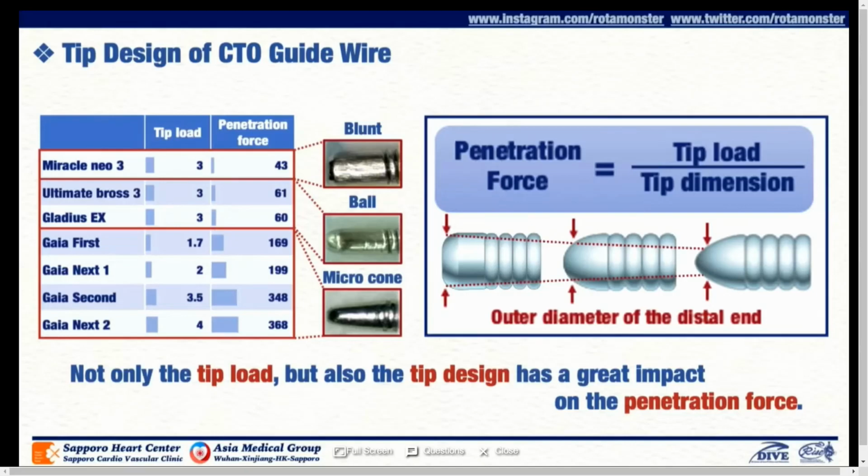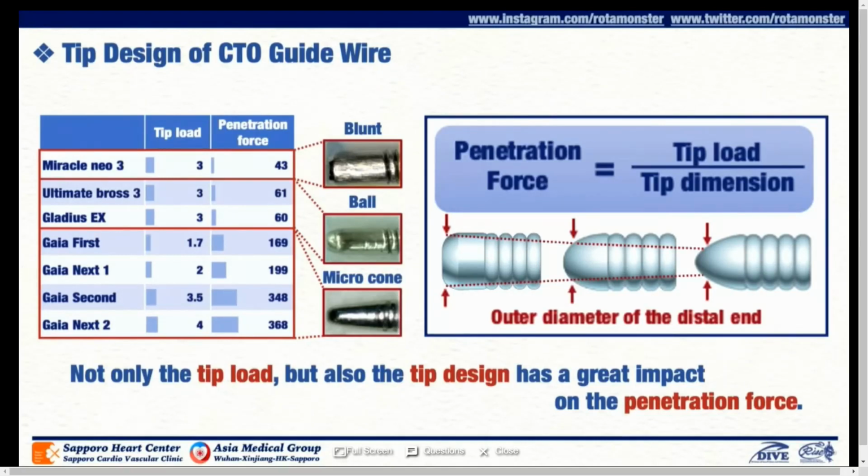Since the penetration force is the tip load per unit area, the penetration force of Neo 3 with a ground tip is smaller than that of UB3 or Gladius with a ball tip, even with the same tip load of 3 grams.